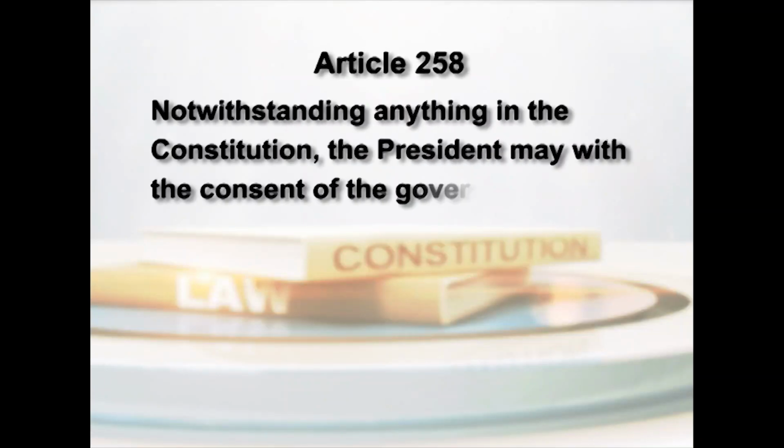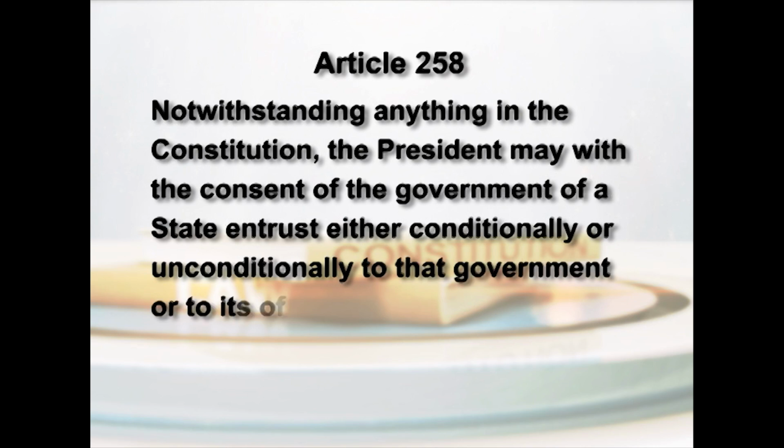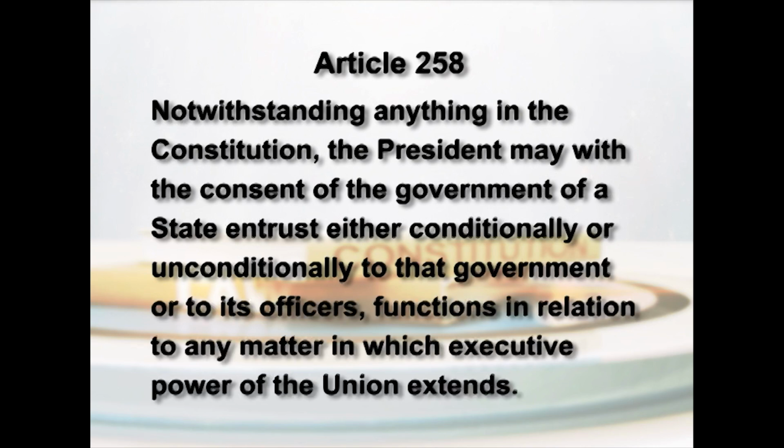Notwithstanding anything in this Constitution, the President may, with the consent of the government of a state, entrust either conditionally or unconditionally to that government or to its officers functions in relation to any matter in which executive power of the Union extends.